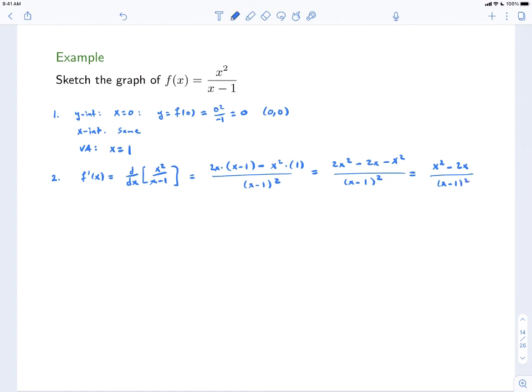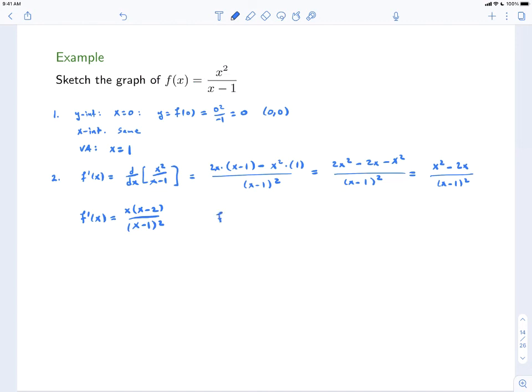And you can actually factor out x in the numerator, so you'll end up with f prime of x is equal to x times (x minus 2) over (x minus 1) quantity squared. Now this doesn't exist when x is equal to 1, but x equals 1 is a vertical asymptote, so we don't have to worry about that.